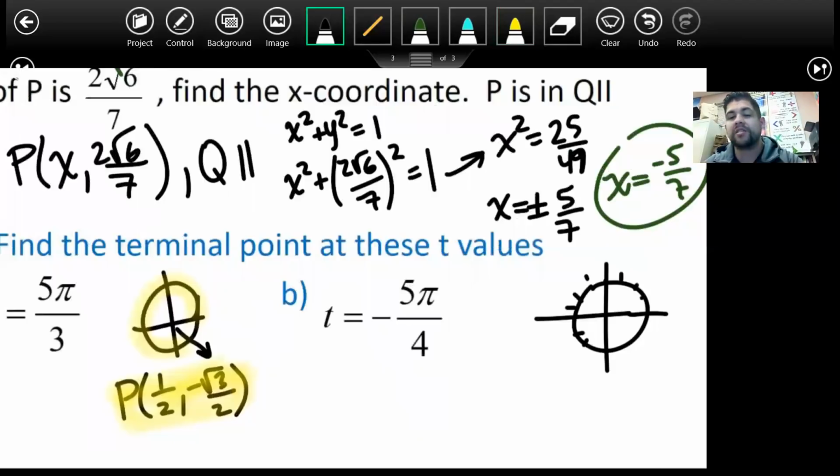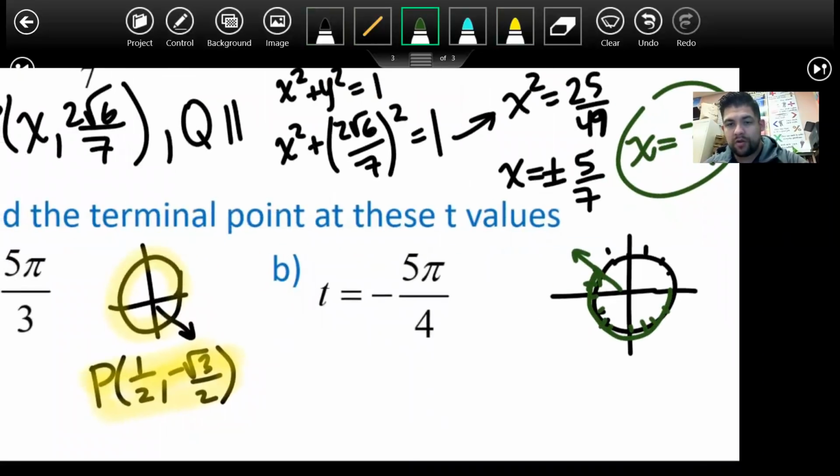This is in the positive direction, so I'm going to count backwards: 1, 2, 3, 4, 5, 6, 7, 8, 9, 10. So this is our terminal point at this location. It falls at 3 pi over 4. The terminal point for this will be negative rad 2 over 2, rad 2 over 2.